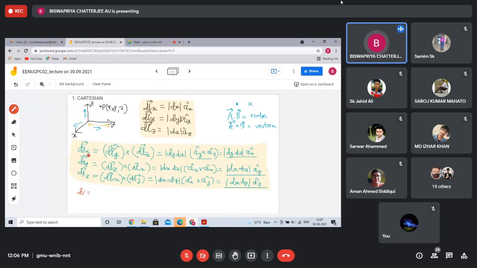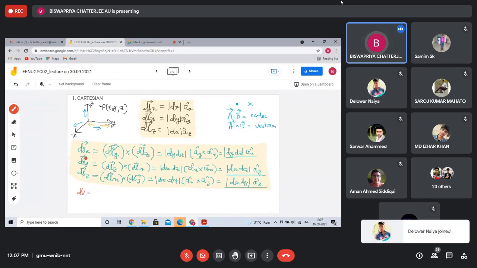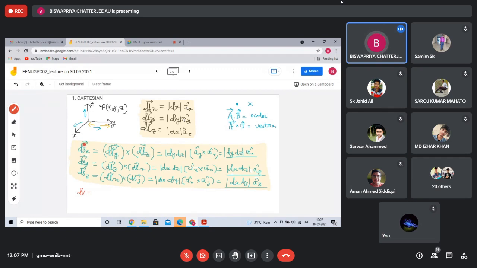If you look at dsx, in this term y and z are variable and x is constant. With this dsx differential surface element, if you again vary dlx, then you should get the total volume.